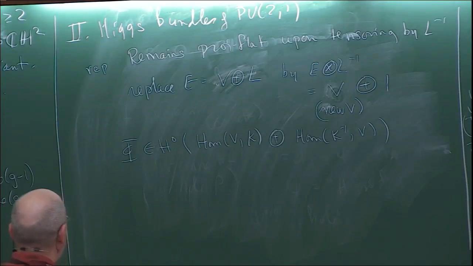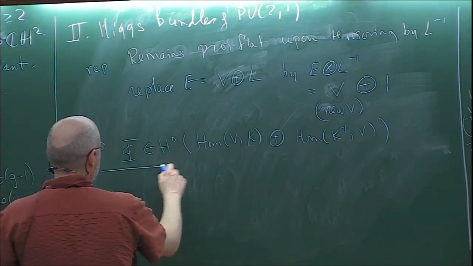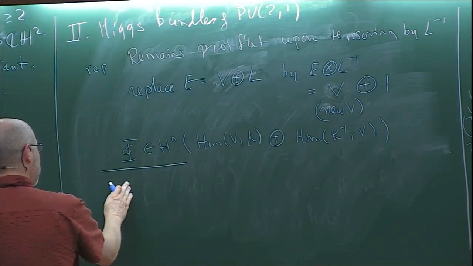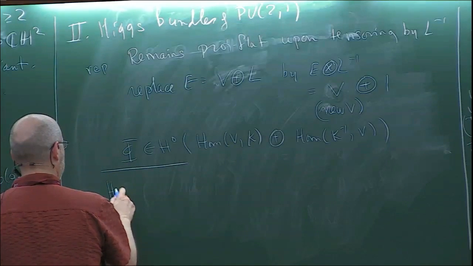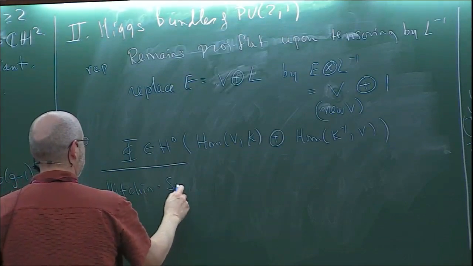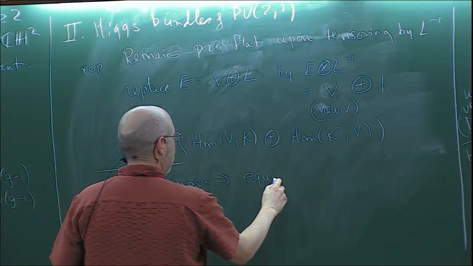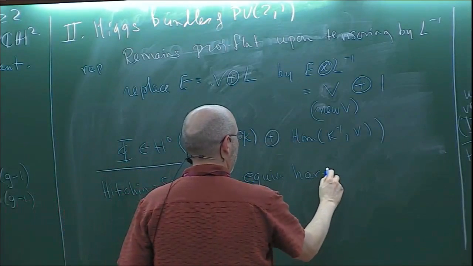And so in this situation, what we have is this Yang-Mills theory. This gives us, by Hitchin and Simpson, in particular, an equivariant harmonic map.